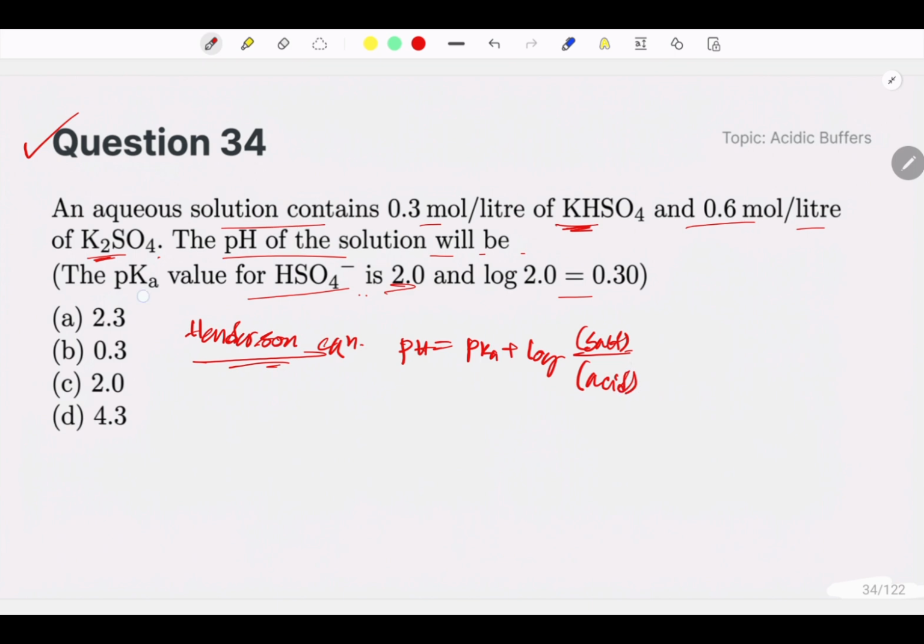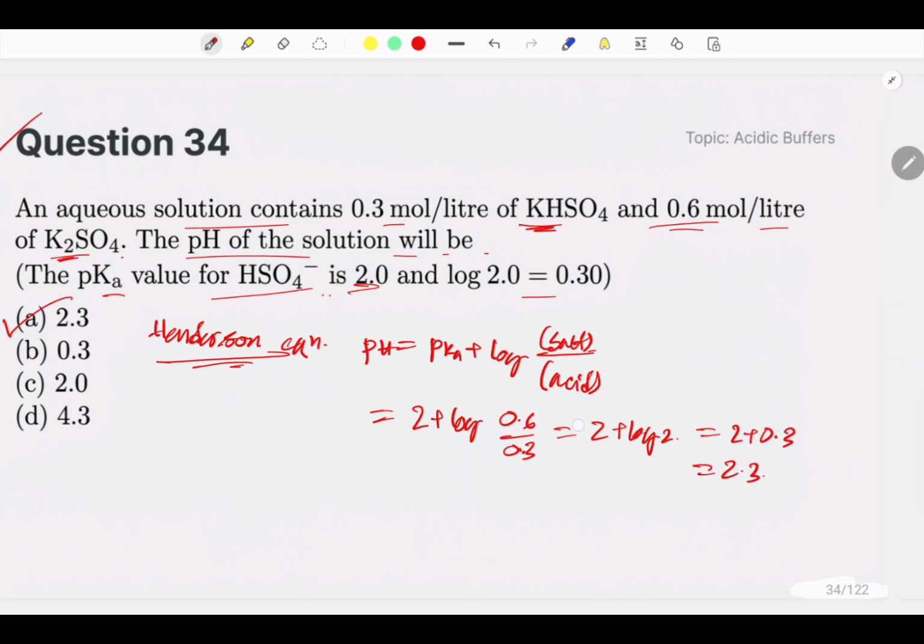The pKa and the concentrations are given, so pH will be 2 plus log of 0.6 divided by 0.3. This is 2 plus log 2, which equals 2 plus 0.3, so 2.3. The correct answer will be A.